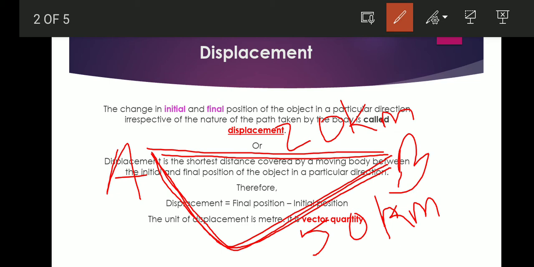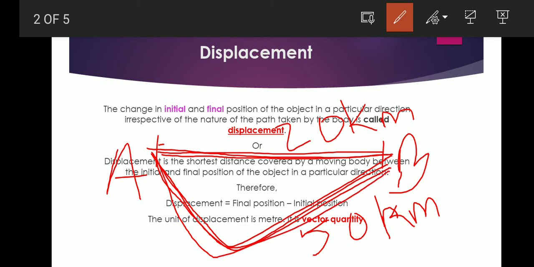This is the difference between displacement and distance. In displacement, irrespective of the path that you followed, you have to measure the distance straightward. You don't have to measure this way.